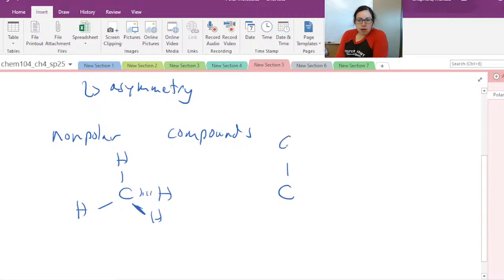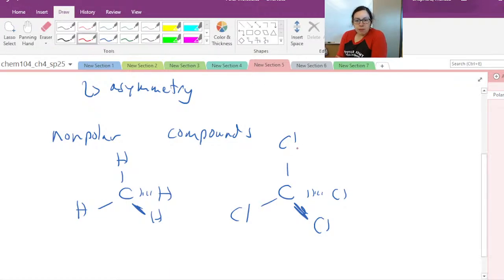Now let's look at carbon tetrachloride again. We mentioned this compound on Monday, that this was a great NMR solvent. In this molecule, we can have individual bonds that are polar. This bond itself is probably polar.